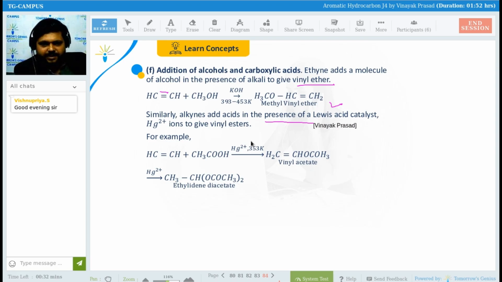Alkynes add acid in the presence of Lewis acid catalyst. So here we will be getting what? This is CH3COOH. In the presence of CH3COOH, we will be getting what? Vinyl acetate. And further reaction with Hg2+, we will be getting what? Ethylidene diacetate.